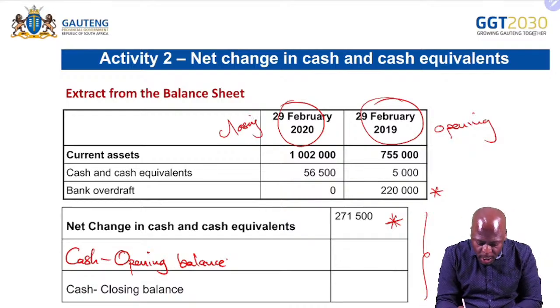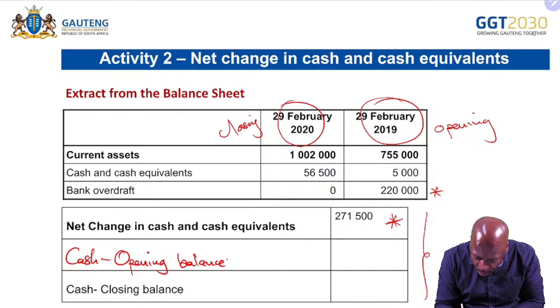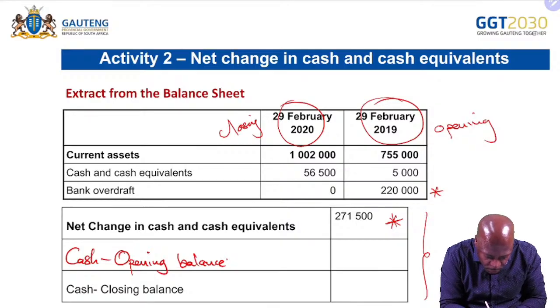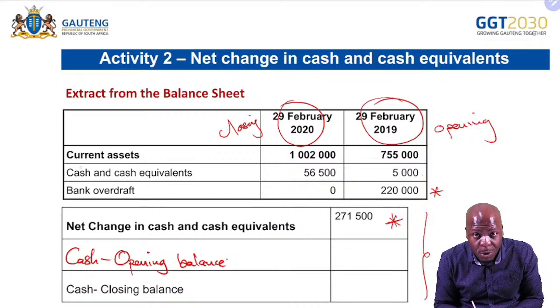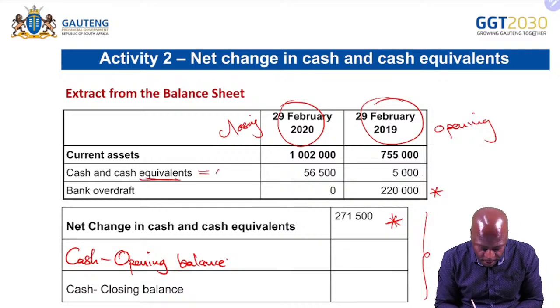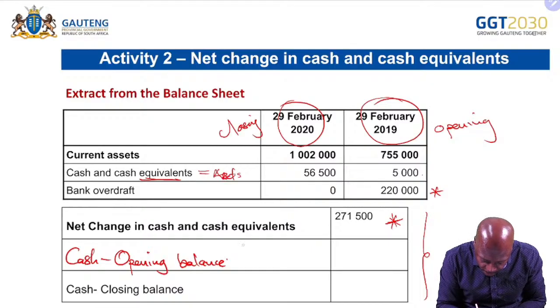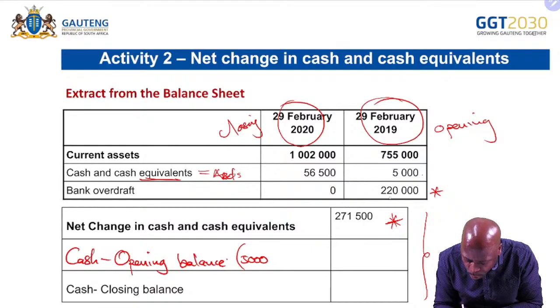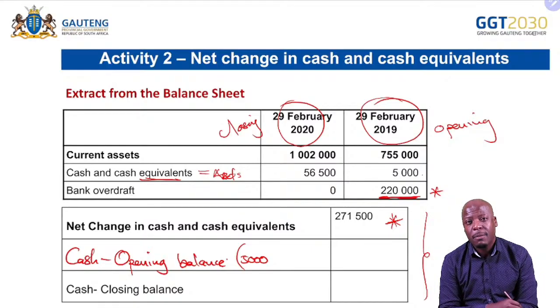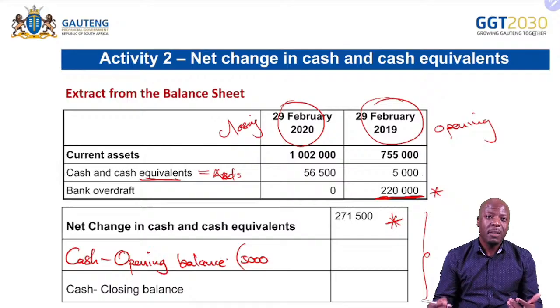Okay. So in my 2019, I have a positive 5,000 because it is under my cash and cash equivalents. These are my assets, under my current assets. So this is a positive 5,000. That means I must open a bracket here now. And I say I have 5,000. But I also have a bank overdraft of 220,000. A bank overdraft means minus.